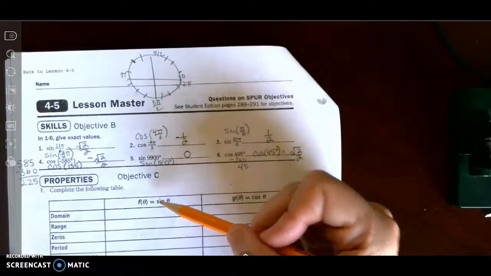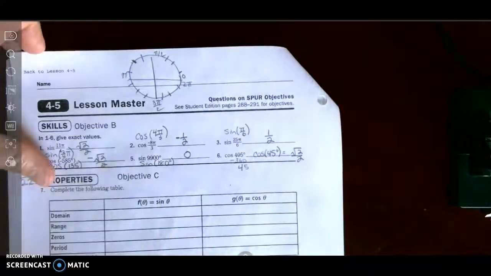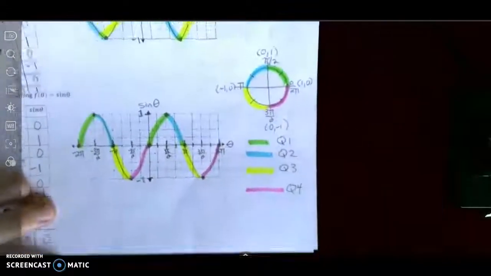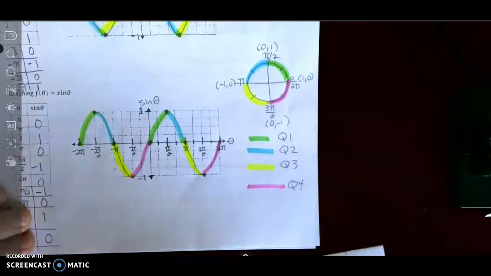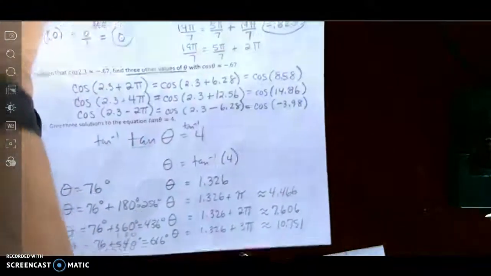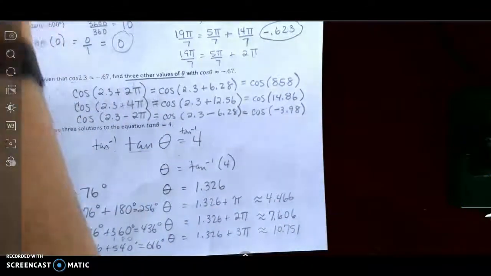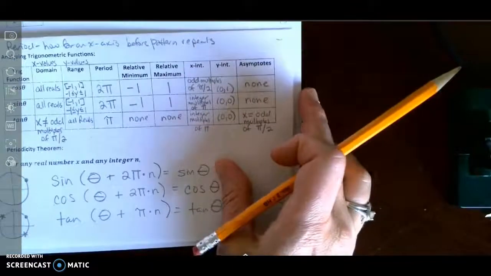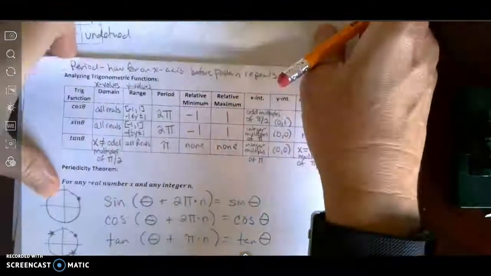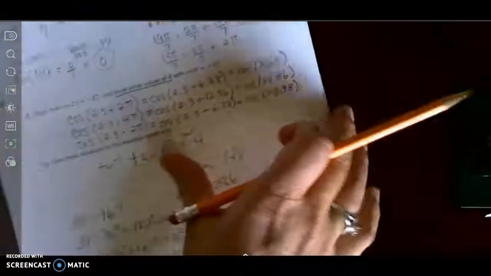My sine curve. So what I'd want to do is maybe go back and look at my sine curve. And my sine curve was this one right here, at the bottom. I can also look at the table that I filled out for sine, which was this table right here in my notes, and this is going to help me as well.